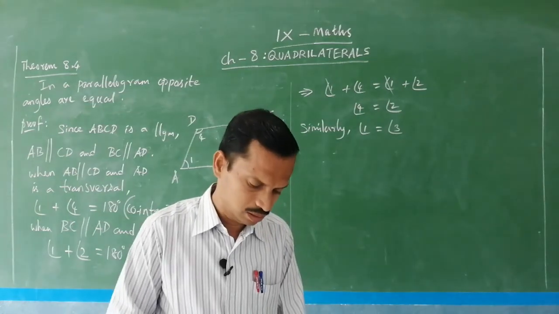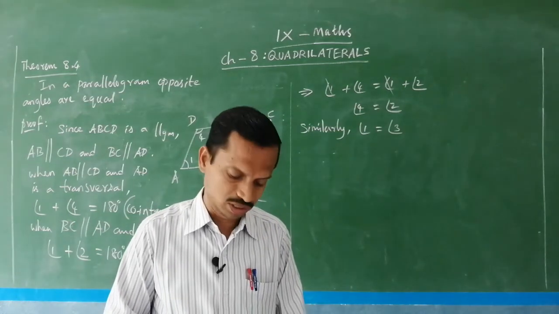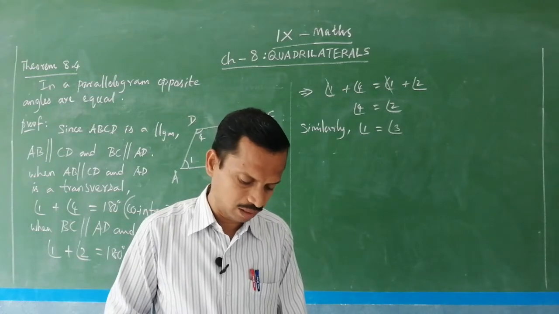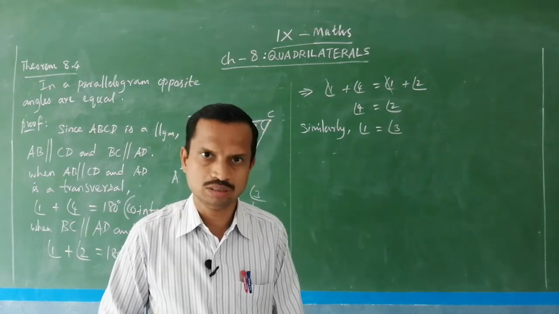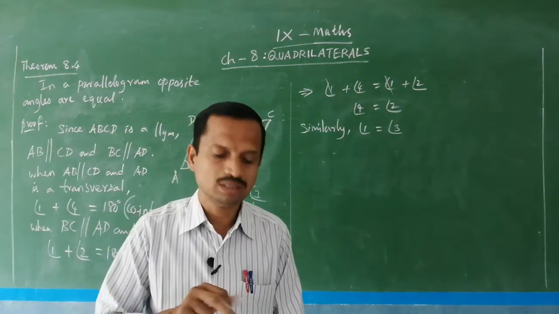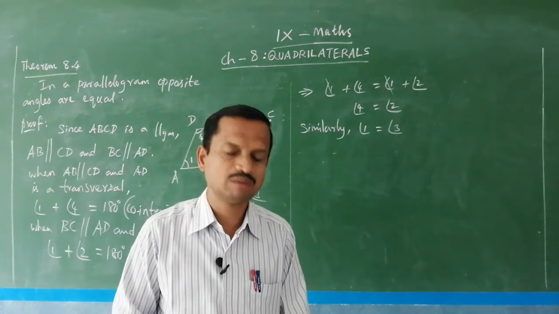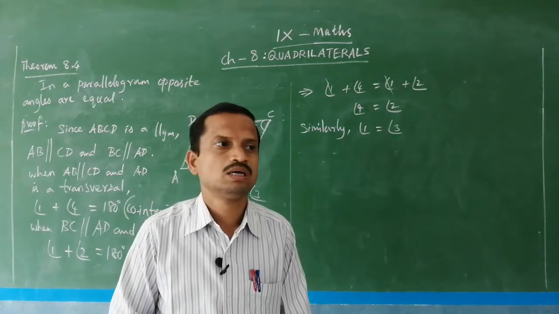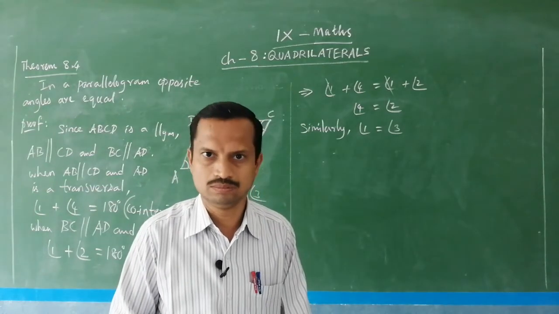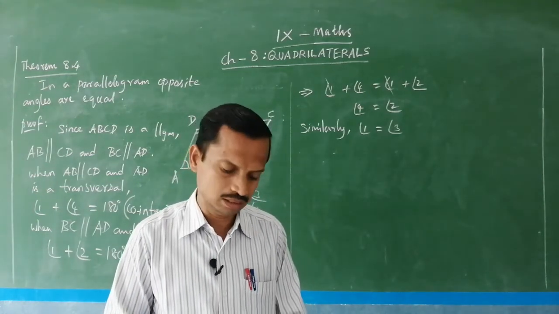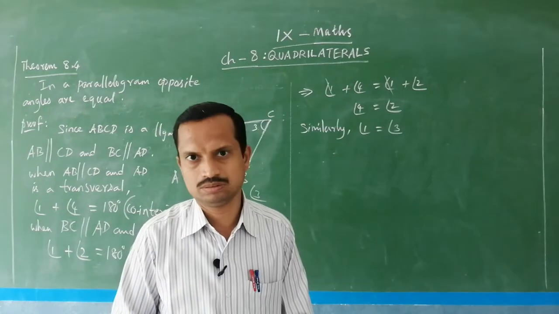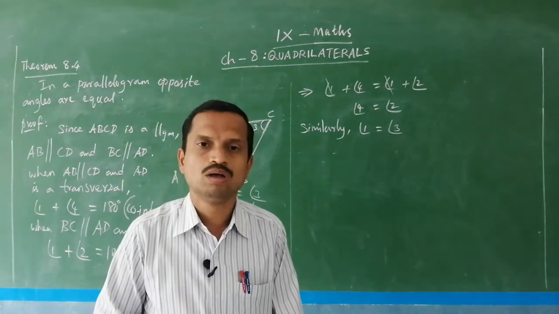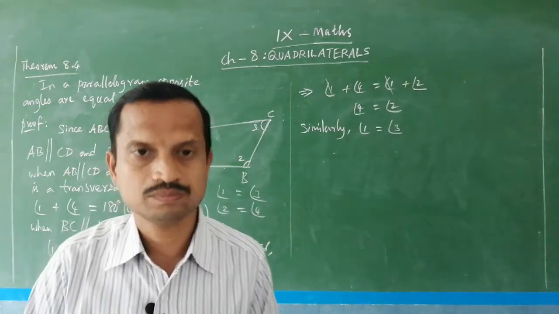And then 8.6, the diagonals of a parallelogram bisect each other. We will see that. All these theorems we can prove by considering two concepts: one is the congruent triangle property, and then the lines and angles concept. That is all. Now, 8.6 we will see.